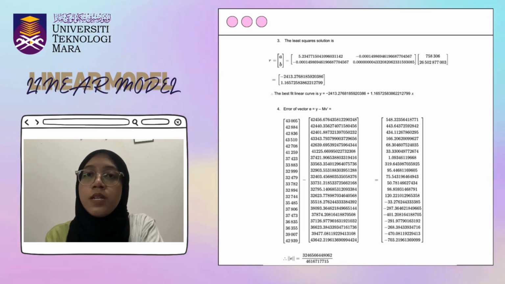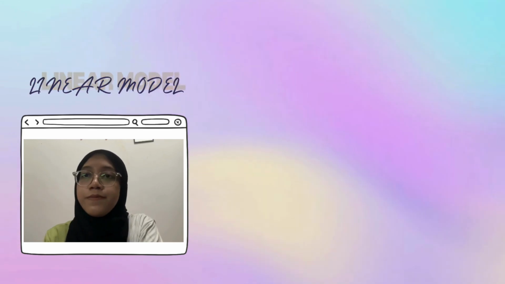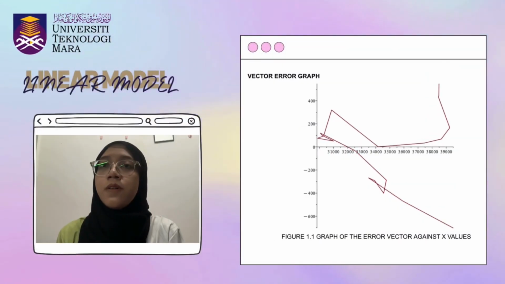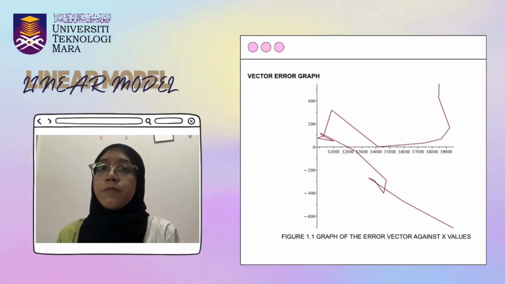We also calculate the magnitude of error by using Maple and get 4.6167. So this is the graph of the best fit curve of the linear model. And this is the graph of the error vector around the x-axis for the linear model. Both of these graphs were obtained from the Maple application.